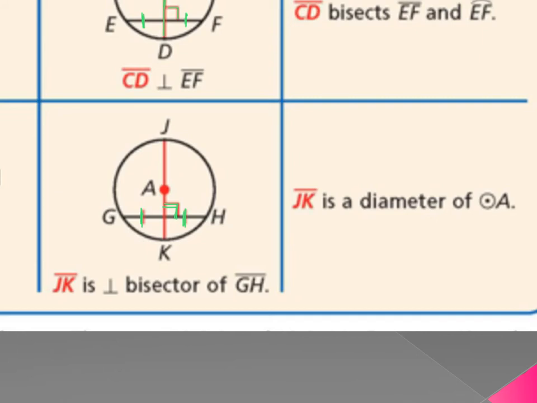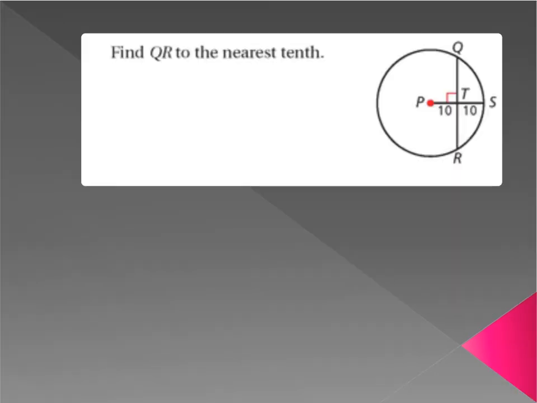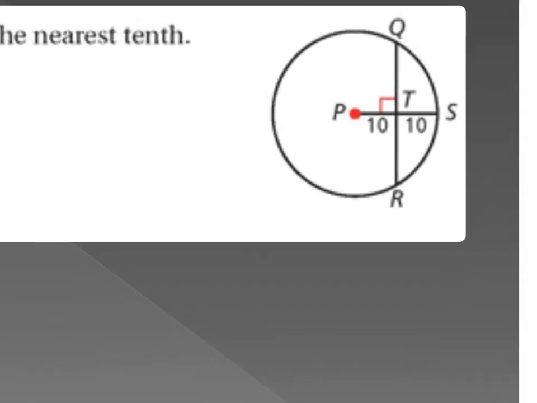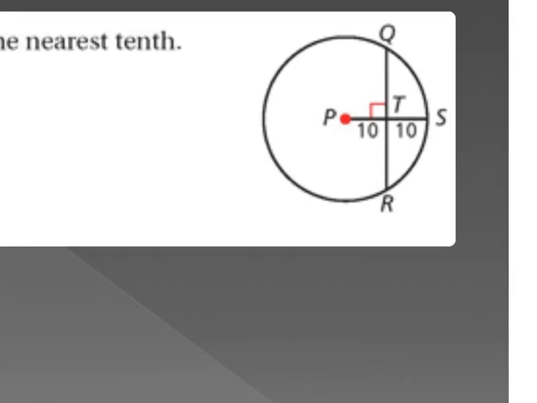Okay, so let's look at an example. So we need to find QR to the nearest length. So we're looking for this length here.